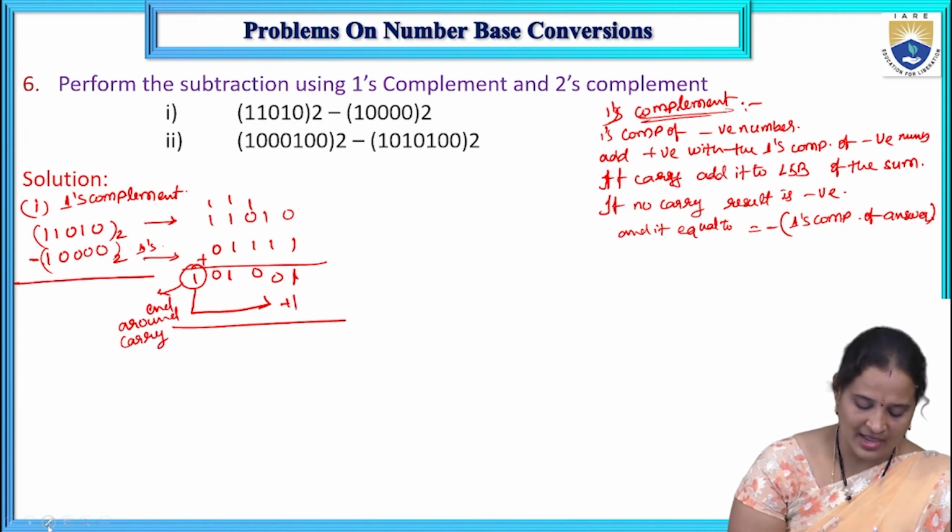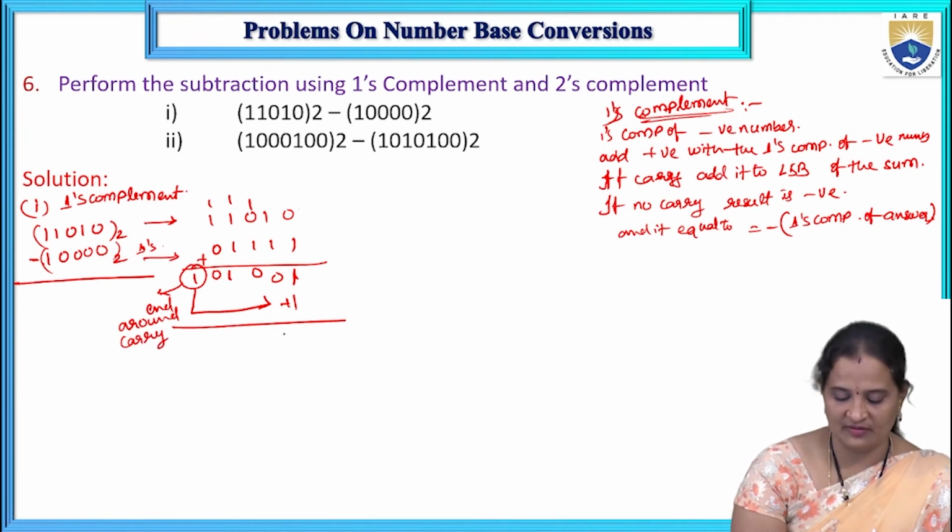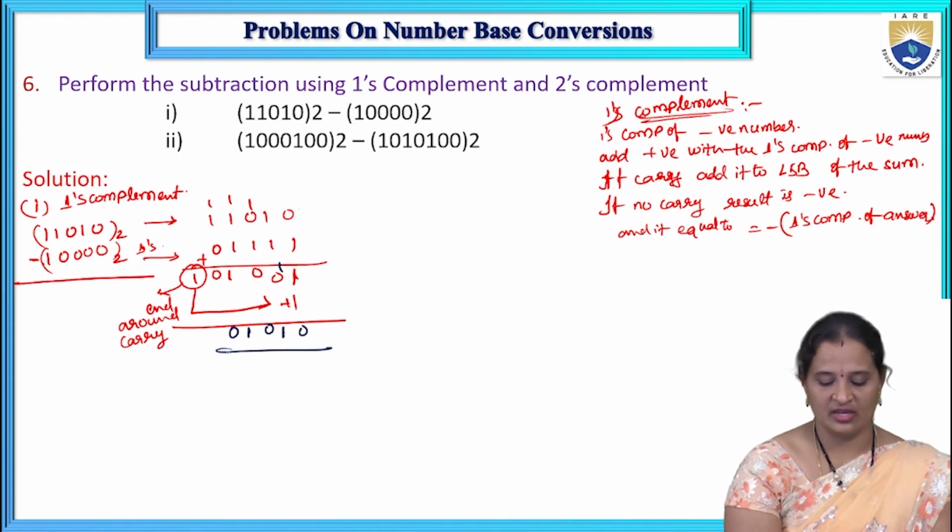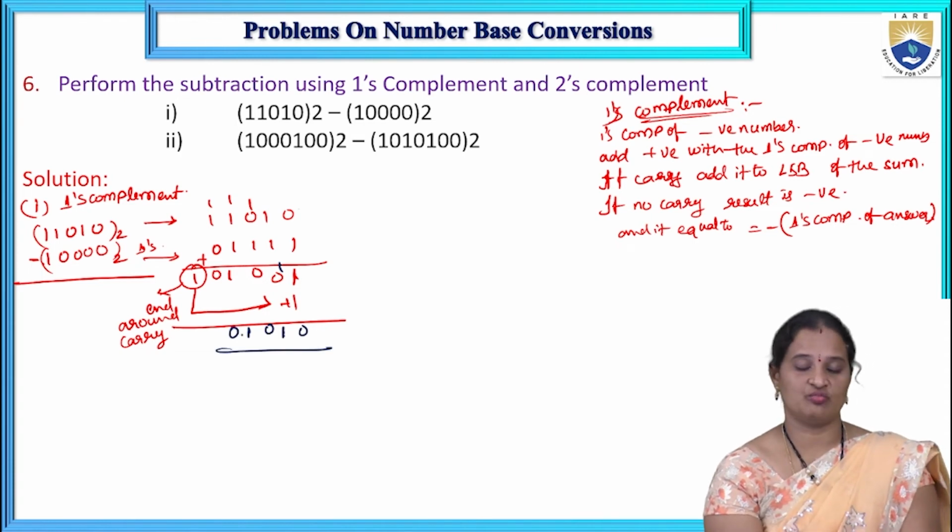Now add the carry to the least significant bit. Now 1 plus 1, 0 with a carry 1, 1, 0, 1, 0. So this is the answer here, and the answer is considered to be positive.